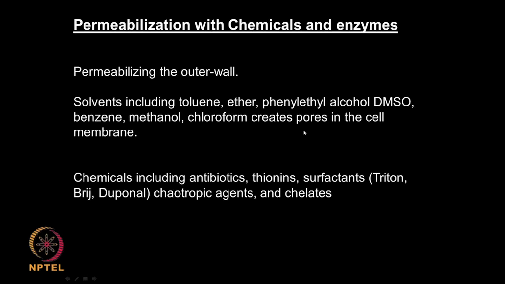This is a very good method, because it does not produce heat, does not produce any harmful products, but then the chemical should not harm the protein or enzymes which you are interested in, which is present inside. So, otherwise chemical methods are quite useful, because they are very simple and very mild methods to use.